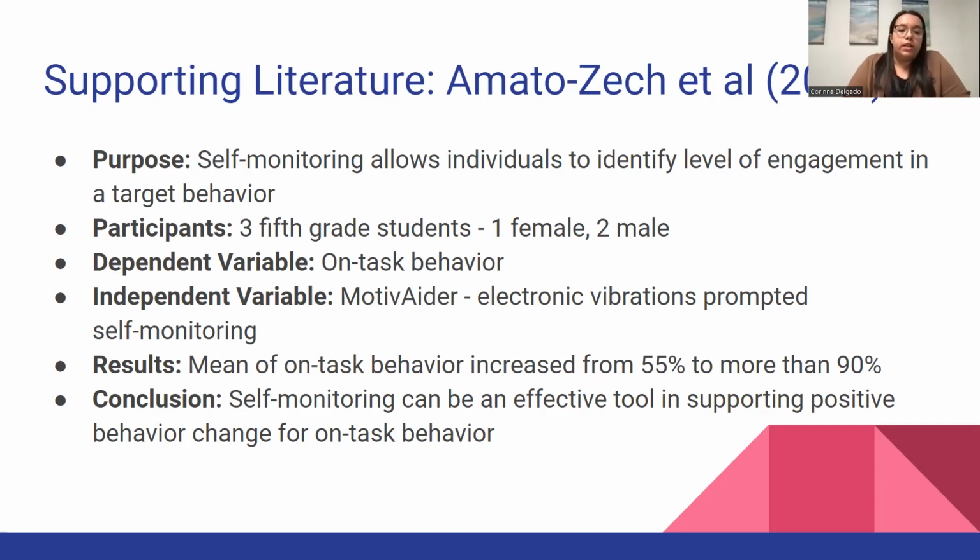The results for the study in this particular literature were more of an overall discussion, and that was that the mean of on-task behavior increased with a range of 55 to more than 90% of on-task behavior with the addition of the motivator device. The study concluded that self-monitoring as a whole was an effective tool to supporting behavior change for on-task behavior.